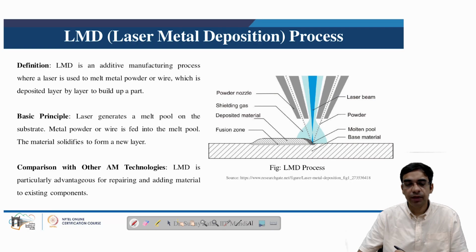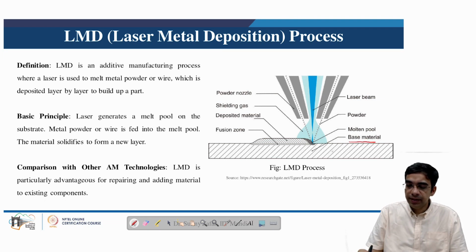The basic principle on which the laser metal deposition process works is that the laser generates a melt pool on the substrate. The metal powder or wire is fed into the melt pool. The material solidifies to form a new layer. If we see on the right hand side the schematic of the LMD process, there is a base material.